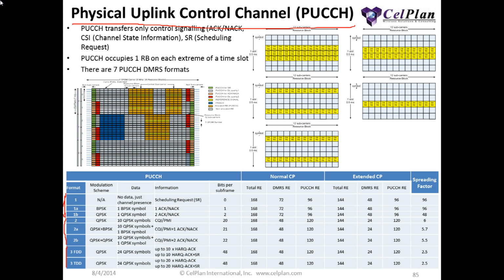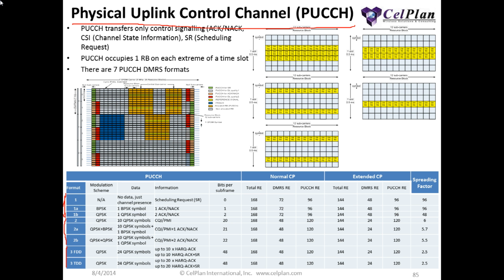Format 3 was created in release 11, I believe, when aggregation of several carriers is used. So now we need to send much more ACKs than before, because you can aggregate up to 5 carriers, 2 ACKs per carrier.